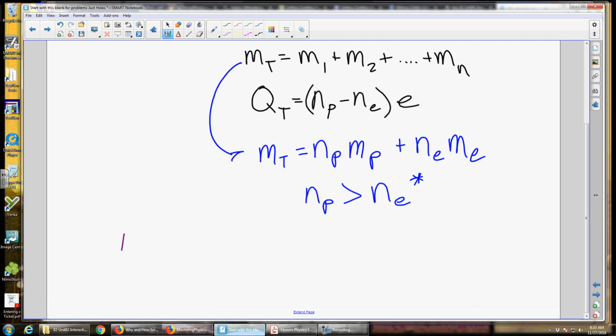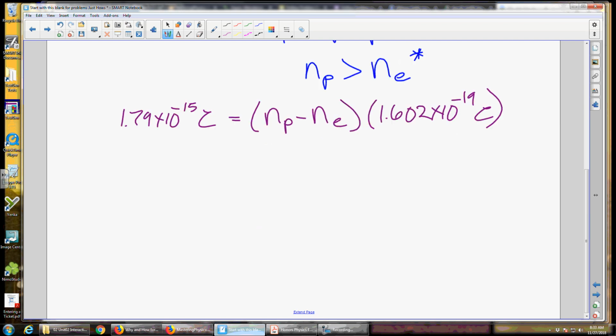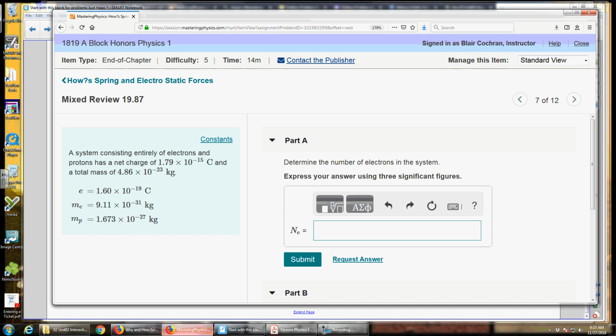So coulombs equals number of protons minus number of electrons times 1.602 times 10 to the minus 19 coulombs. And then, what else they tell me? Total mass, 4.86 times 10 to the minus 23 kilograms.